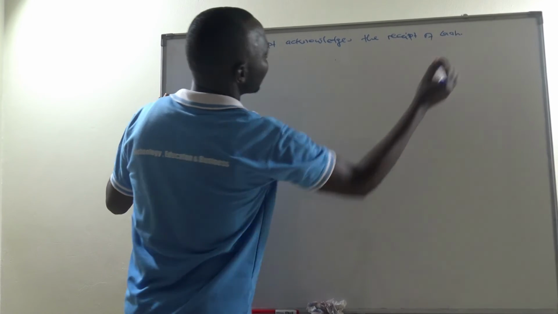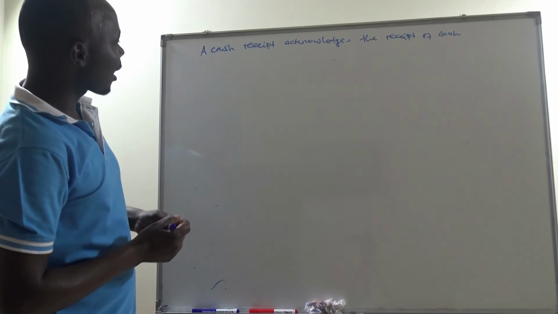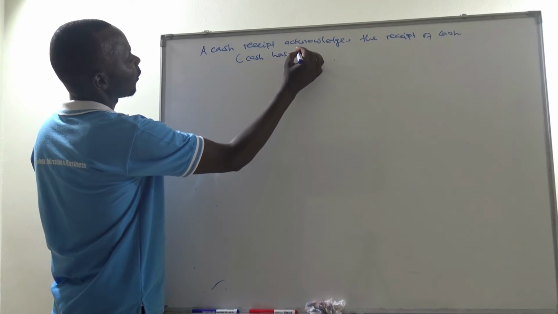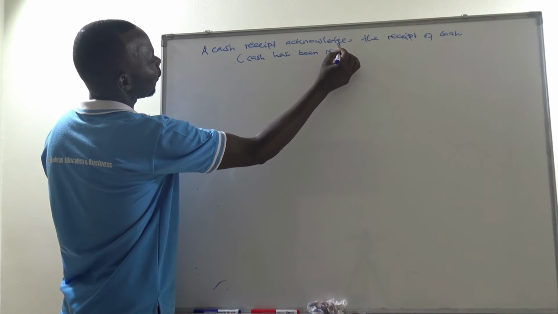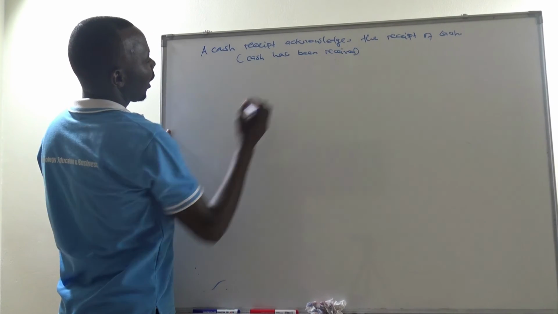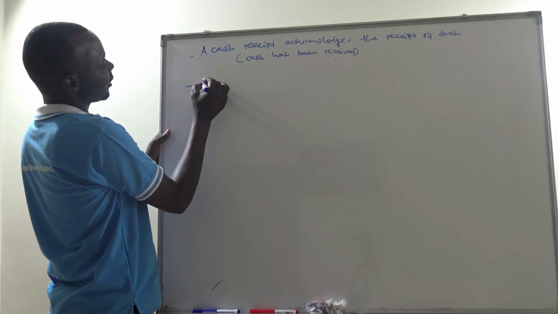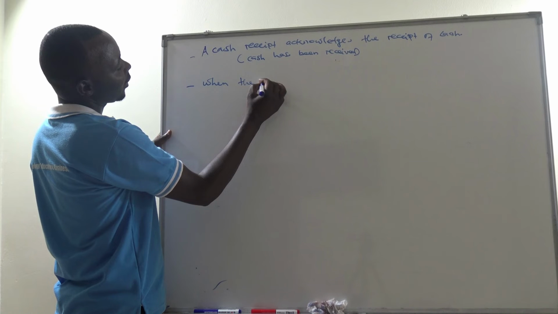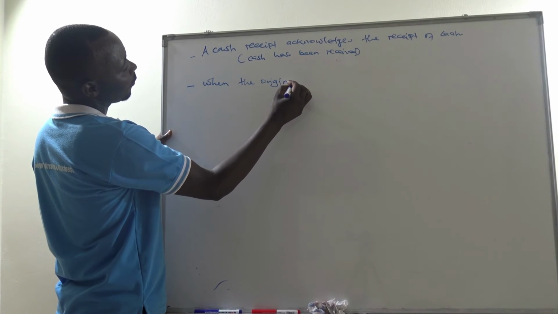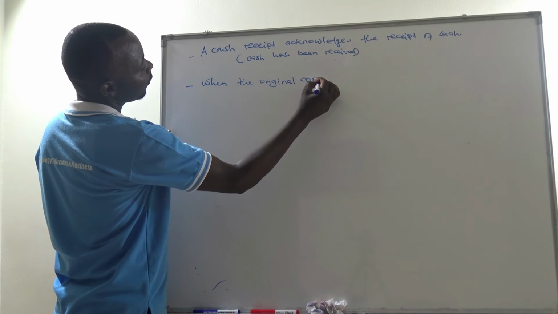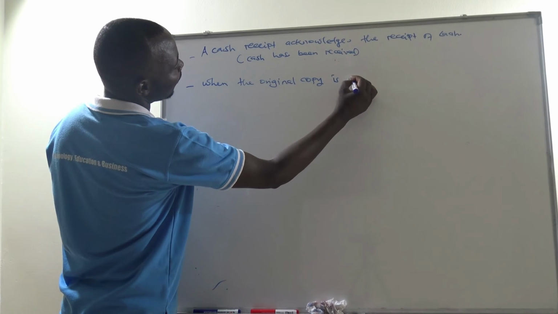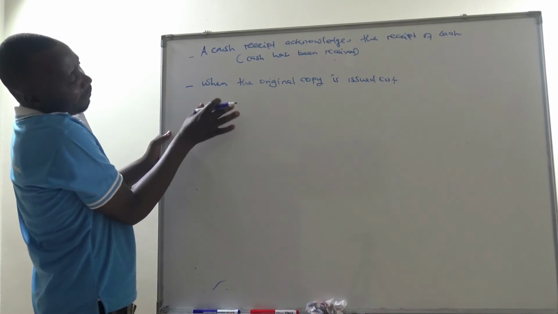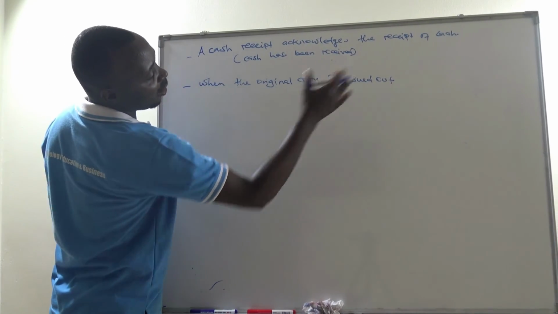In other words, it shows that cash has been received. And the cash is seen to have been received when the original copy is issued out. But remember, here you are receiving cash and you are giving out the original.